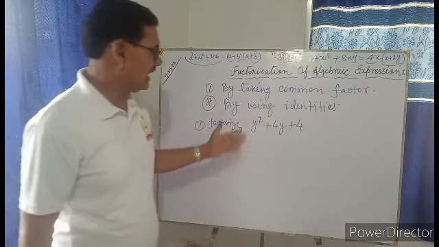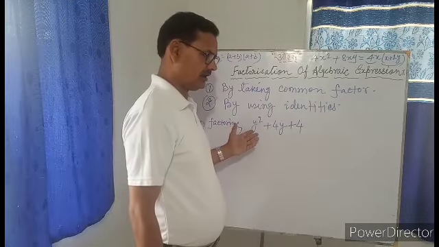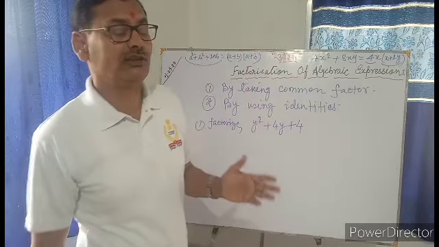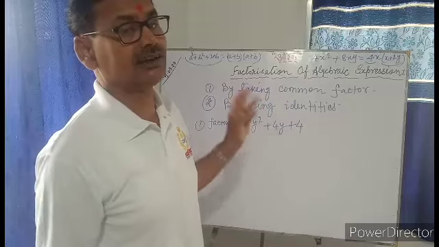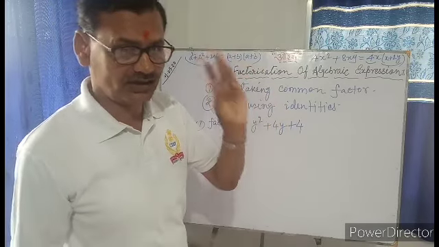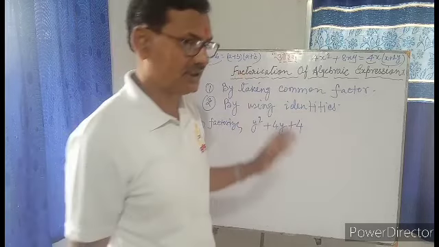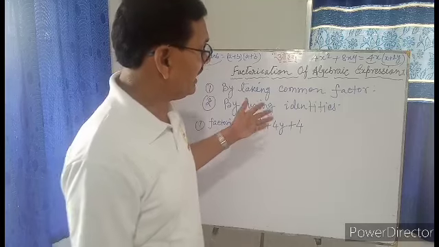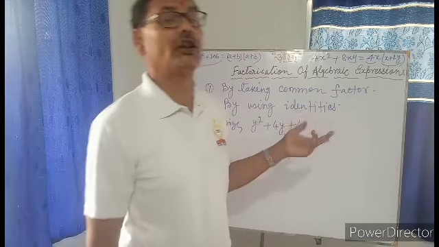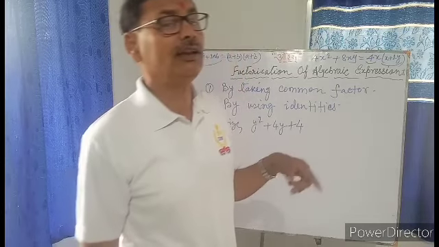So recall, there are 3 terms. In which identities have you seen there are 3 terms? You have seen a plus b whole square, a square plus 2ab plus b square, 3 terms. A minus b whole square, a square minus 2ab plus b square. So this expression may be based on either of the 2 identities, a plus b whole square or a minus b whole square.